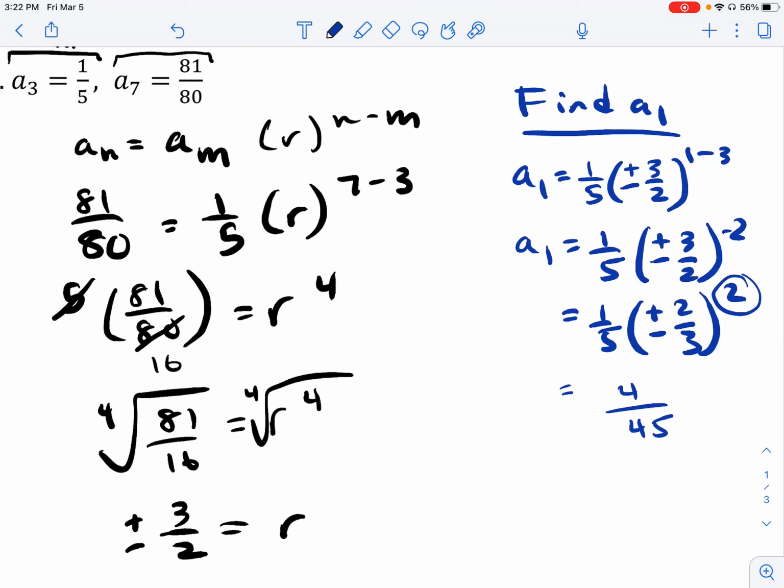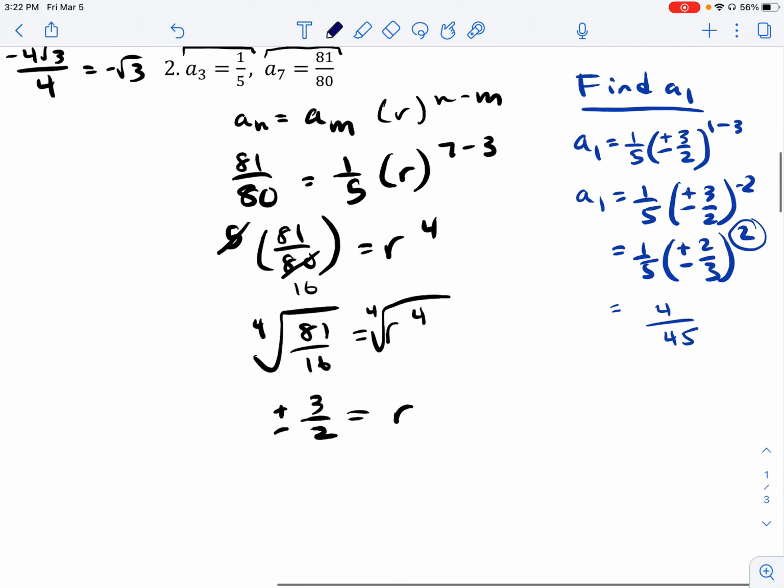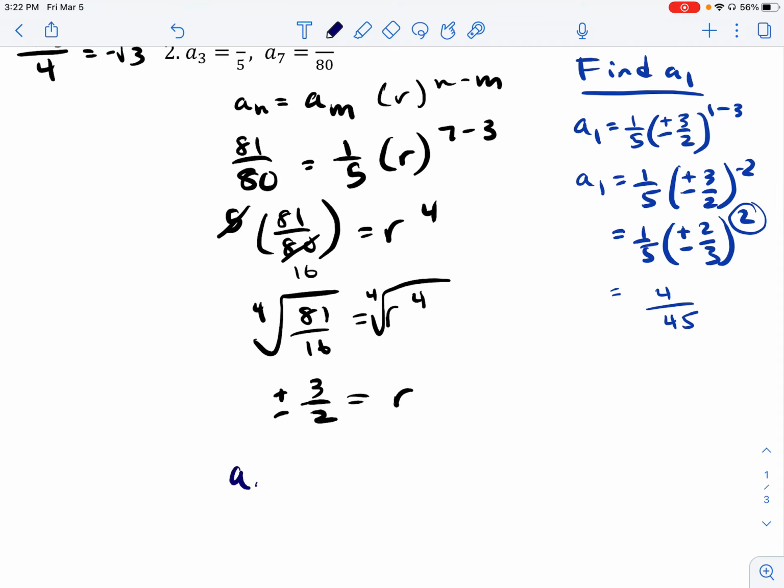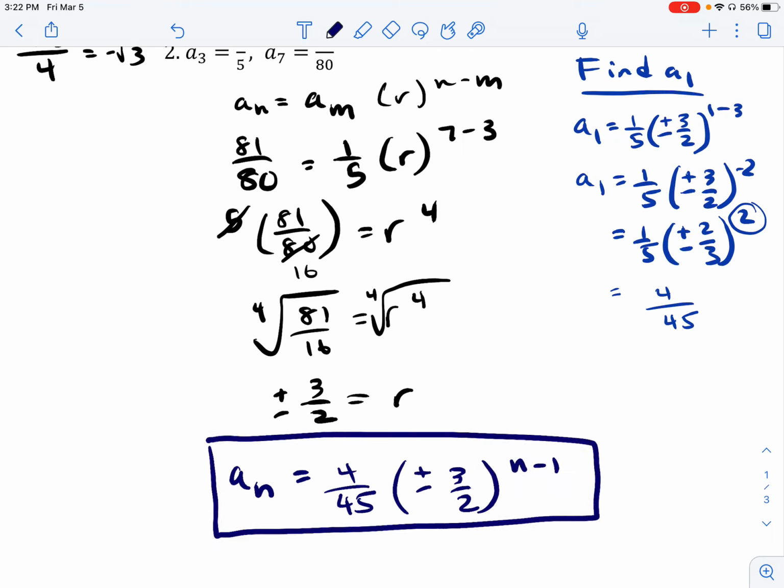So I'm able to determine that my first term must be positive 4/45. So if I want to put it all together to come up with my a sub n, let's write that here. We'd say a sub n then is equal to my first term, 4 over 45, times my common ratio, plus or minus 3 halves, raised to the n minus 1. So there's my general term, or my nth term, I should say.